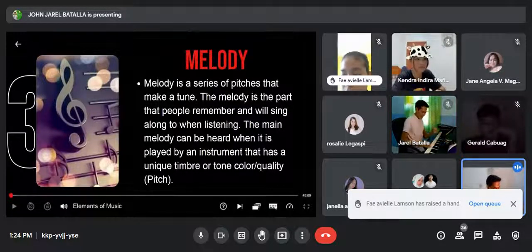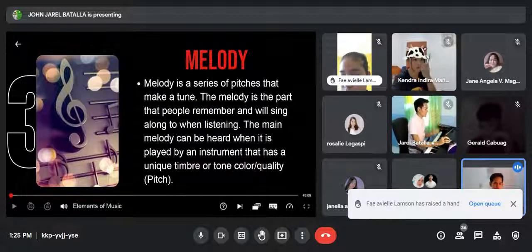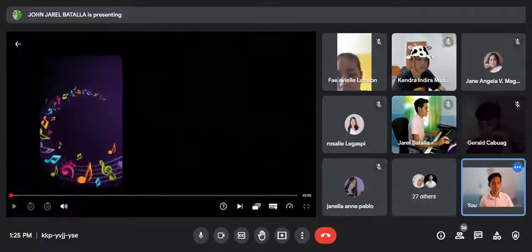Another example, Twinkle Twinkle, that's the melody. Again, it is the original pitch or notes that people recognize when they hear music or a sound.